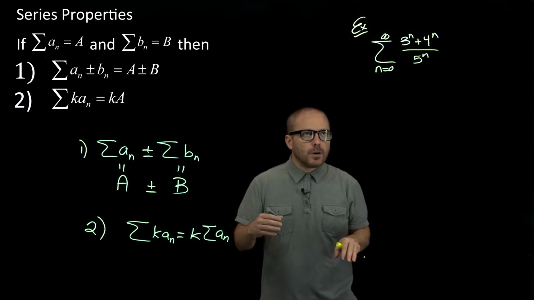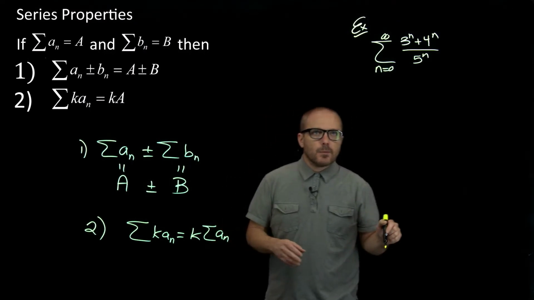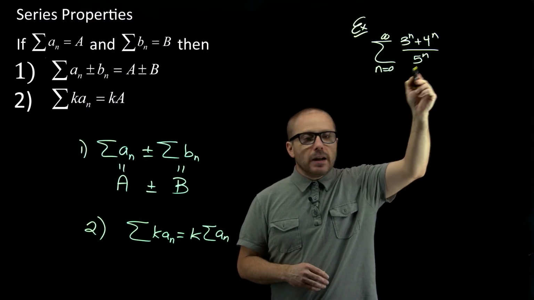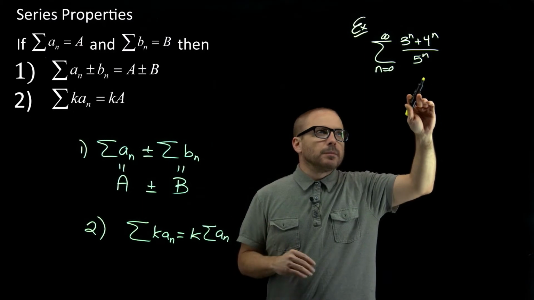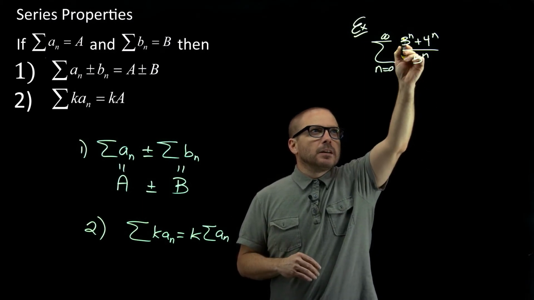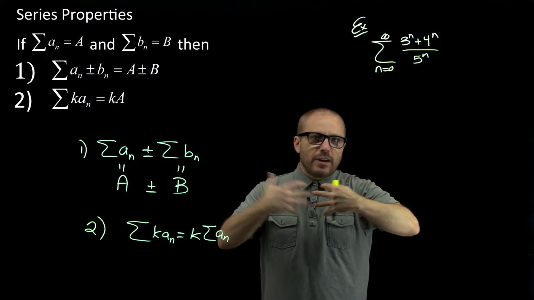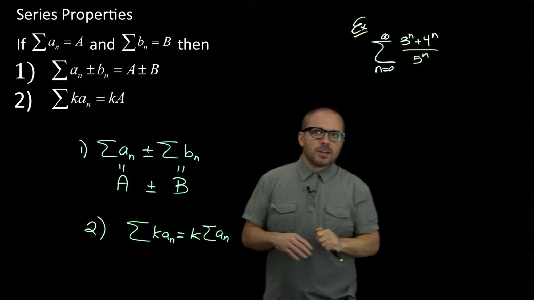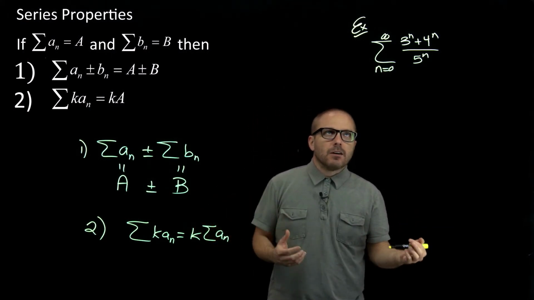Everything's to the nth power. But that plus messes things up, right? Because every time n goes up by 1, the bottom just gets multiplied by 5. But both those tops go up by 1, and I can't factor that out because they're different, and they're being added. So together, they're not geometric, but separately they are, right?